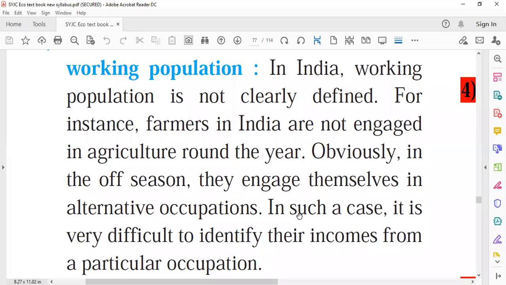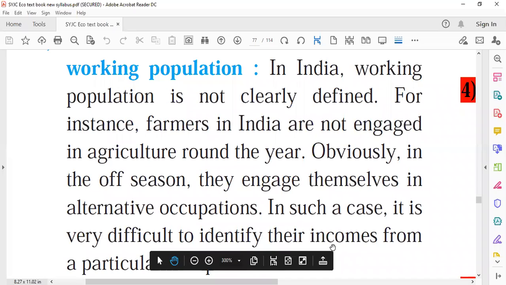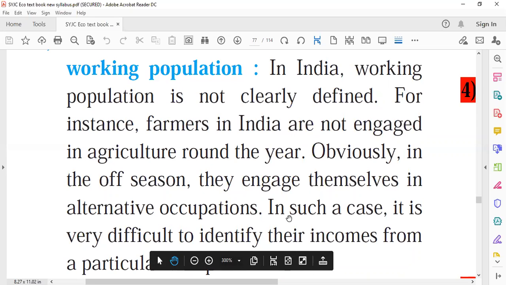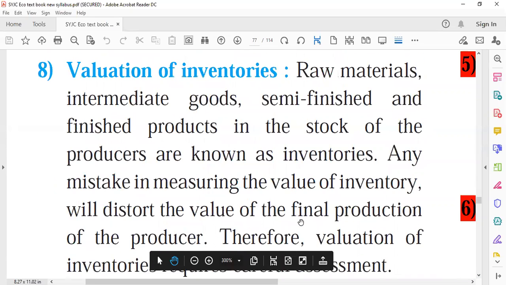They are engaged only in a specific season, that is the harvest season. And in the rest of the season, they are engaged in alternative occupations. But we do not have any record of all such activities and the income earned by them in the off season. And therefore, we are not able to calculate the exact value of national income.